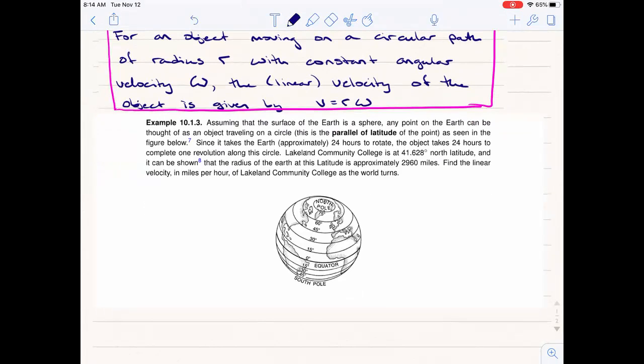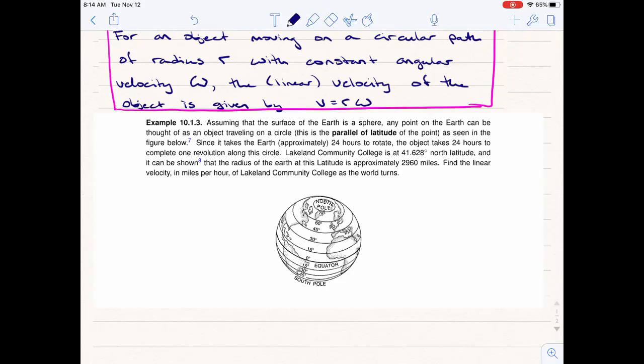Assuming that the surface of the Earth is a sphere, I don't think anyone here disagrees. But assuming that Earth is a sphere, any point on the Earth can be thought of as an object traveling on a circle, yeah?